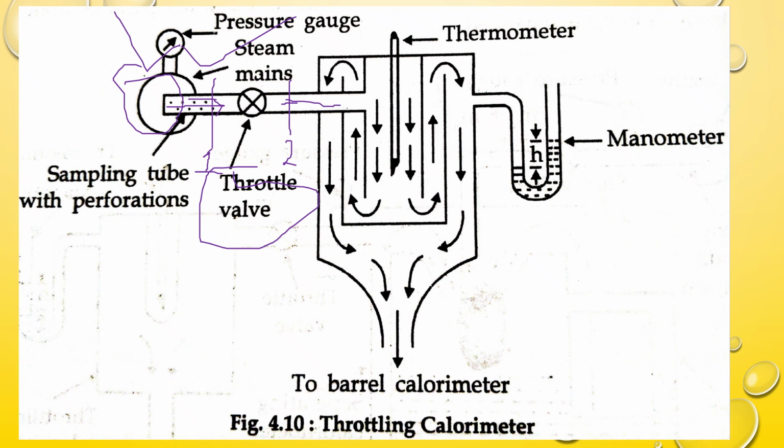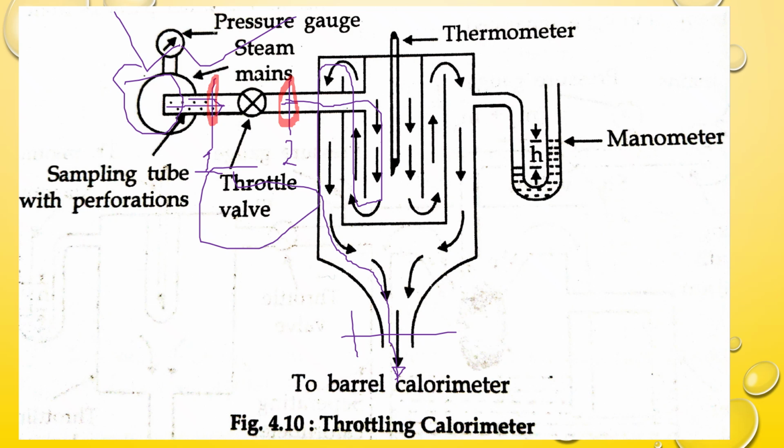Now this superheated steam will follow this path, and it is condensed and comes out through this throttling calorimeter. Here one valve is there, and we can see the amount of liquid that is collected, and the dryness fraction of the steam we can calculate when we know the pressure and temperature before throttling and the pressure and temperature after throttling.